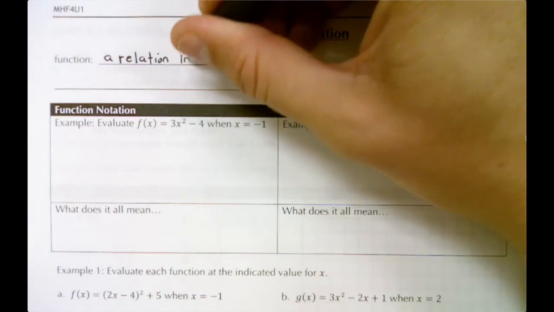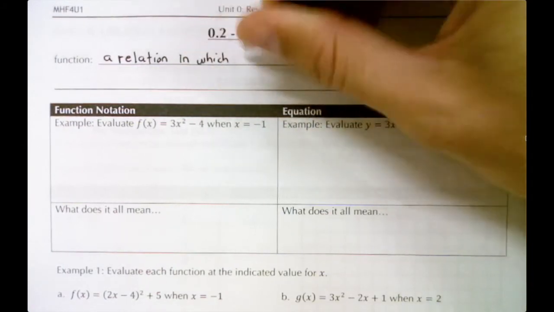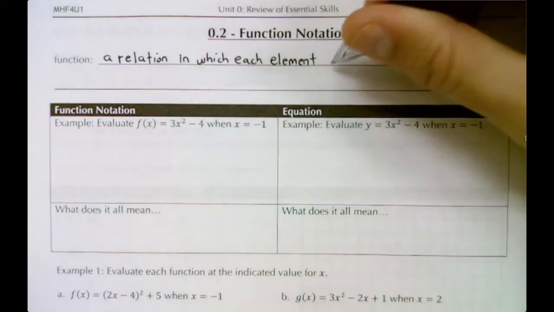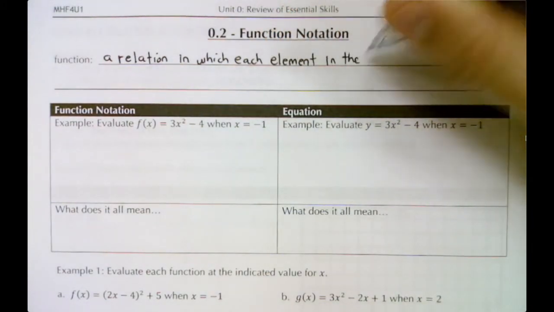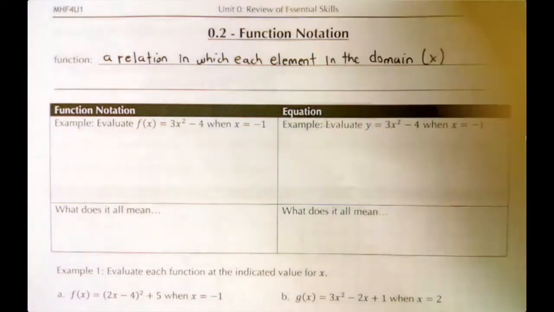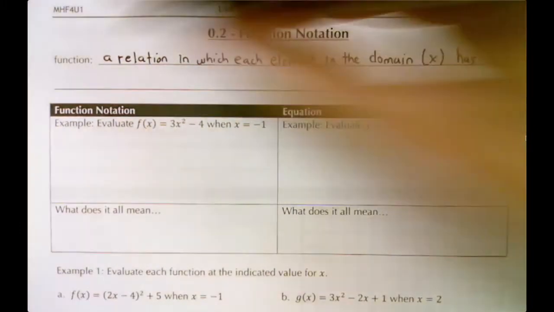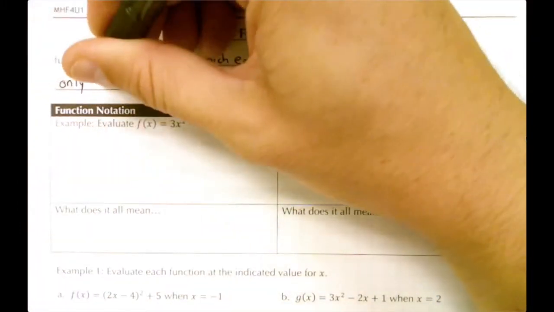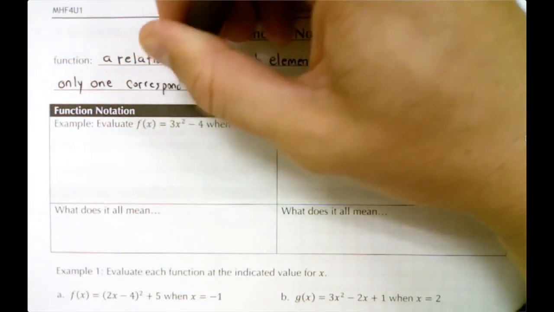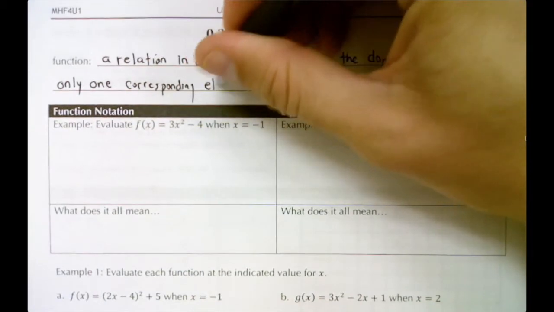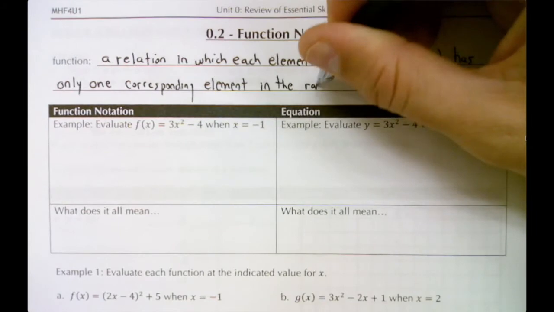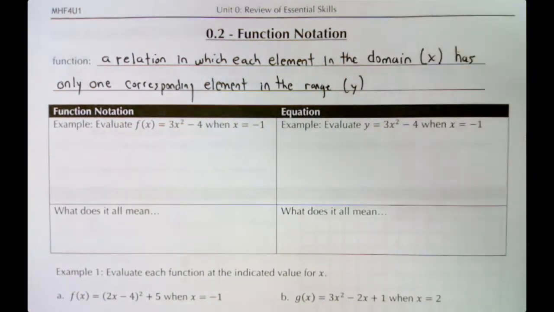It's a relation in which each element in the domain, so that means every x, has only one corresponding element in the range y.